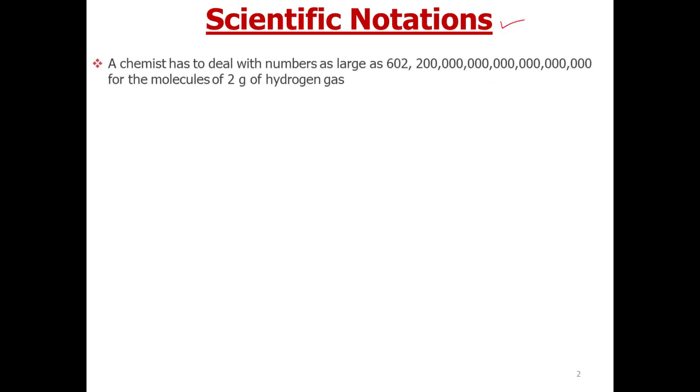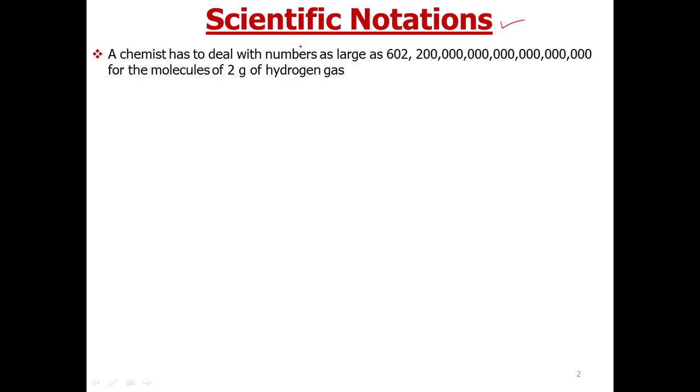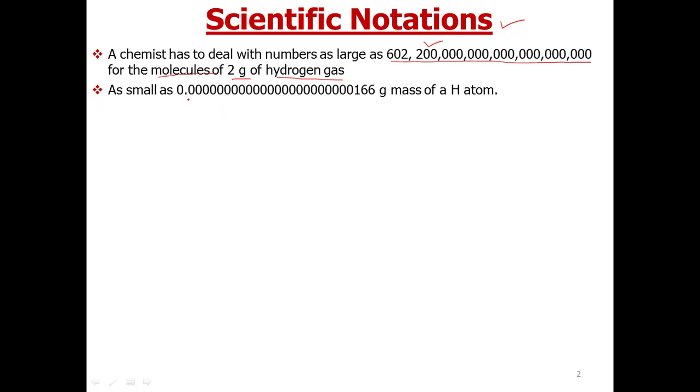In chemistry we have to deal with very large numbers like this. This is a very large number which corresponds to the number of molecules in 2 gram of hydrogen gas. Similarly, this is the mass of one hydrogen atom, which is very small.